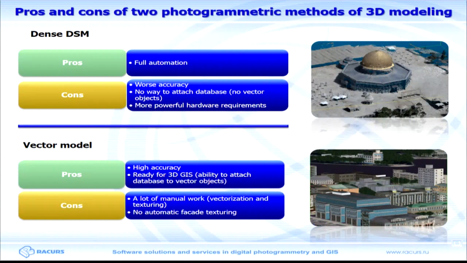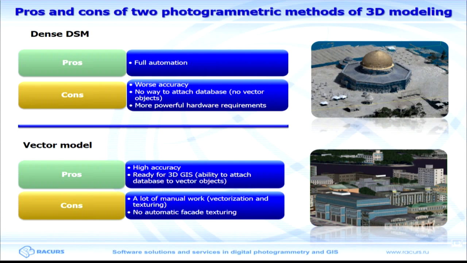Pros and cons of both methods of 3D modeling: the fact that there is full automation allows us to reach such effects that no human interference is required. But you have to have computational powers of outstanding proportion.